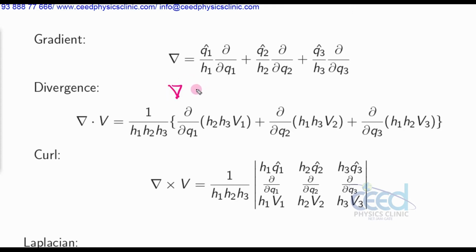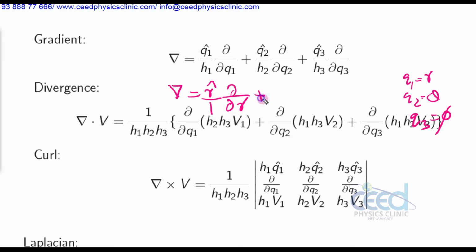What is q1 cap? That is r cap. q1 is r and q2 is theta. These are the spherical polar coordinates. q3 is equal to phi. So I can write this as r cap, and h1 is 1, so dou by dou r.